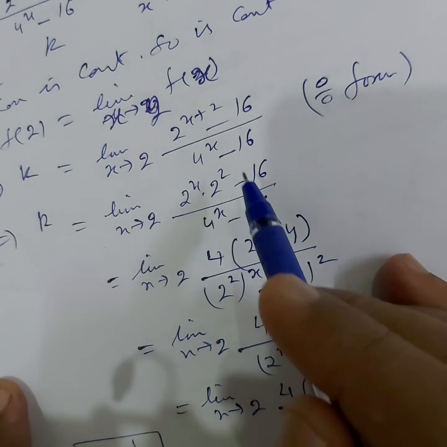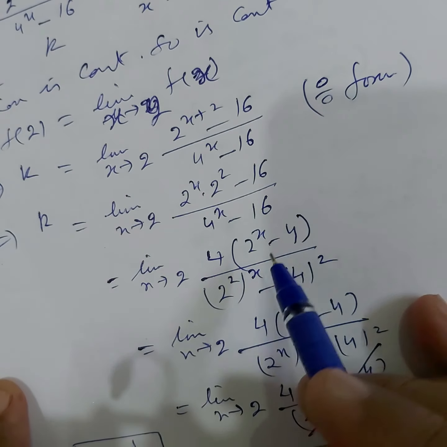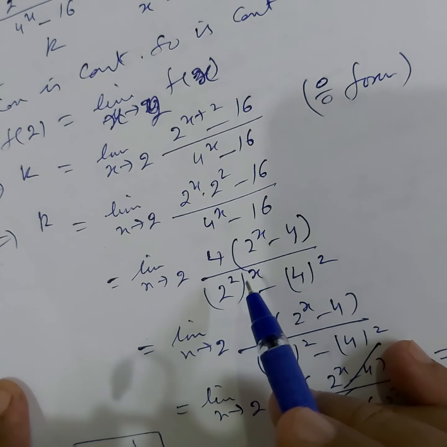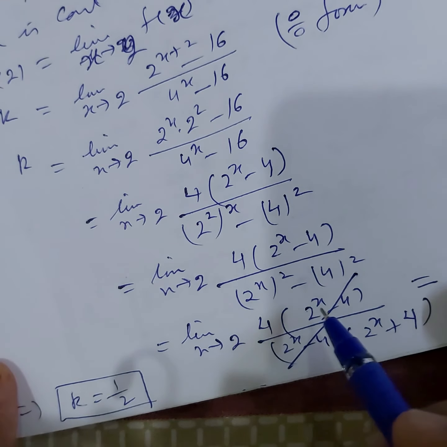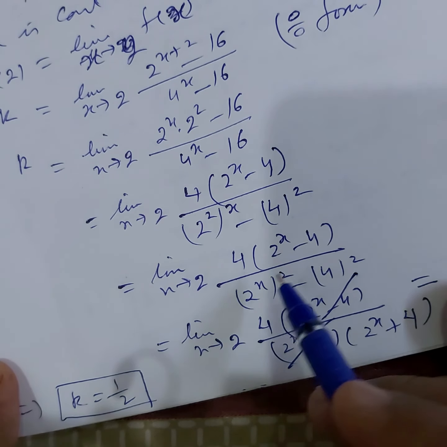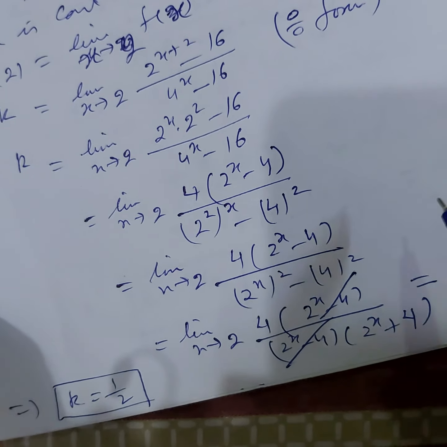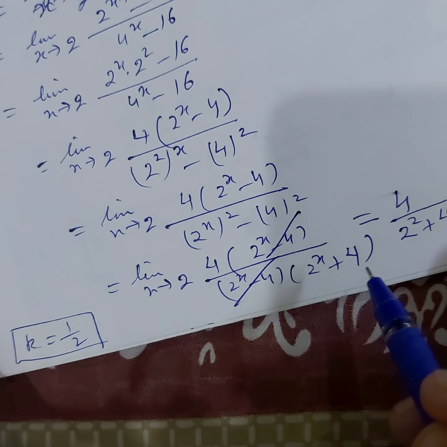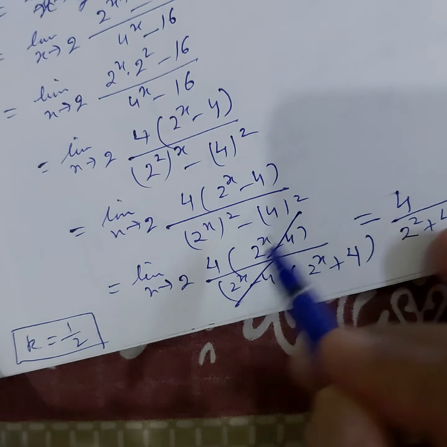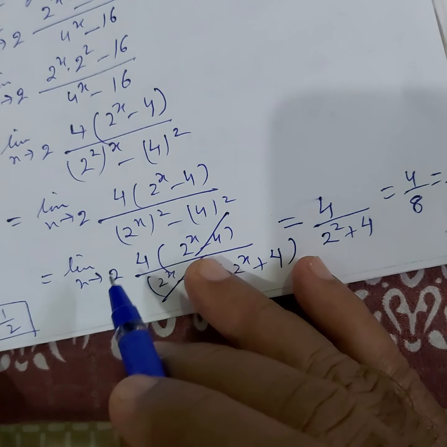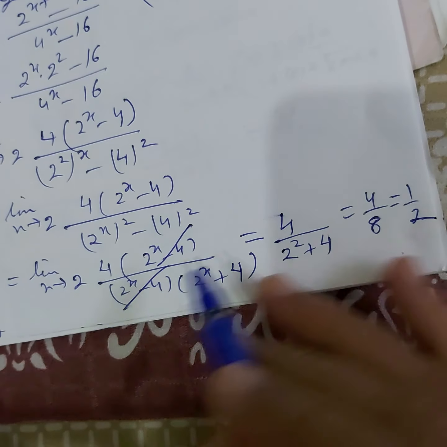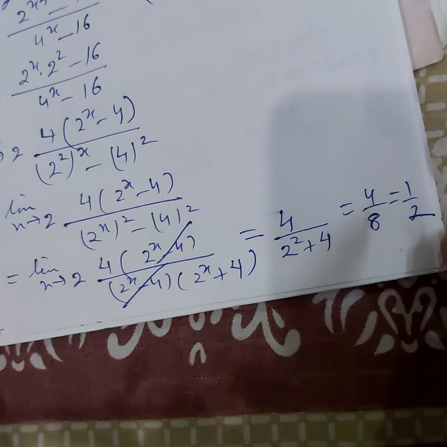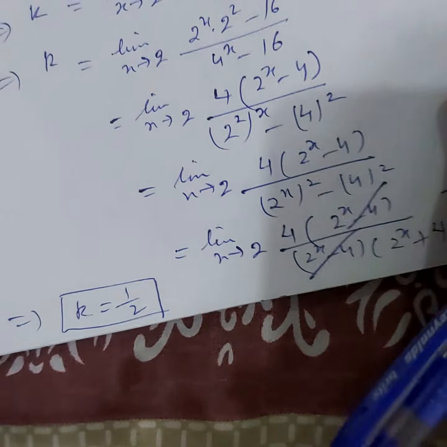Taking 4 common, 2 to the power x minus 4, this is 2 square whole power x, and solving this with the adding and subtracting formula, this 4 cancels. Putting x equal to 2 and cancelling, we put the limit, and we get half, so k equal to half.